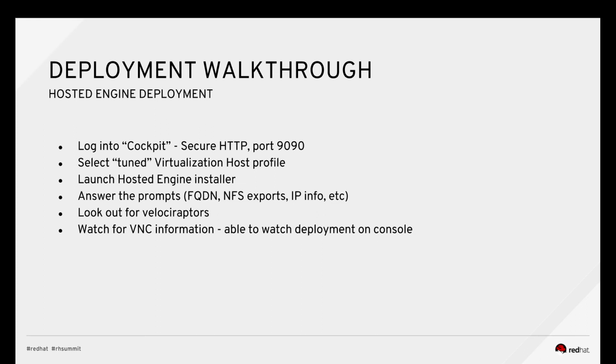Launch the hosted engine installer, and then answer the prompts for the IP information, fully qualified domain name, and so forth. And watch for the VNC information, because at that point you'll be able to watch the deployment process for the hosted engine. We'll actually be able to see all of this in one of the recorded demos.